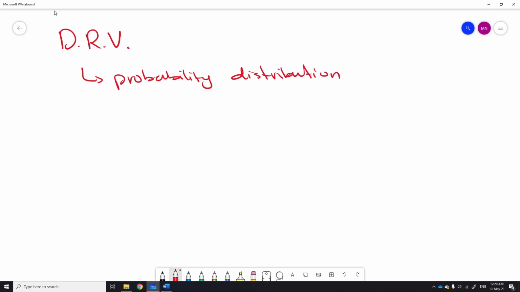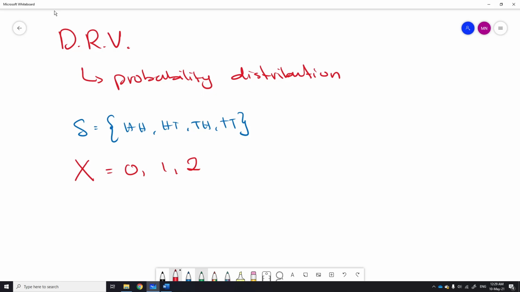For example, the one I showed you before, the tossing of two coins. The sample space is head head, head tail, tail head, and tail tail. From here we found that the random variable x, which represents the number of heads appearing, is 0, 1, and 2.